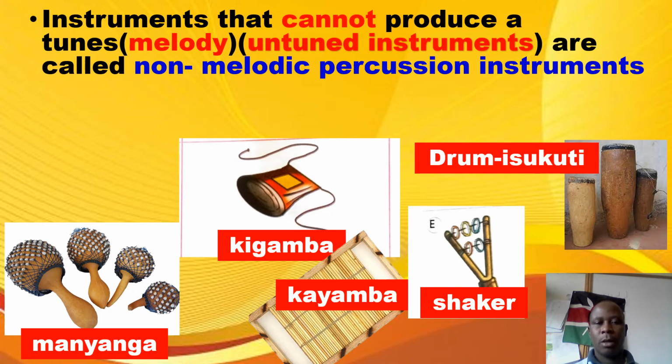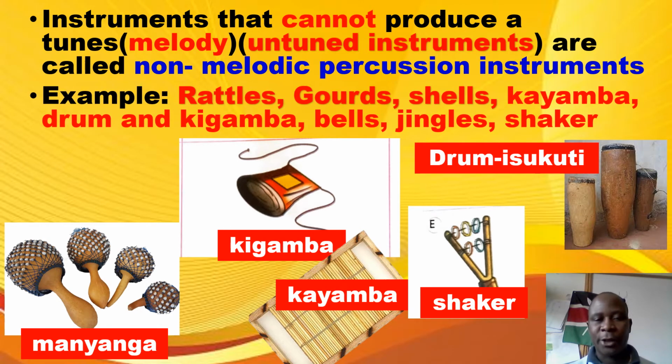Instruments that cannot produce tunes or melody are called untuned instruments. They are also called non-melodic percussion musical instruments. Examples are manyanga, kigamba, shaker, drum, kayamba, and other instruments.